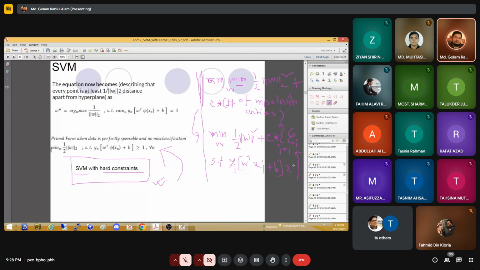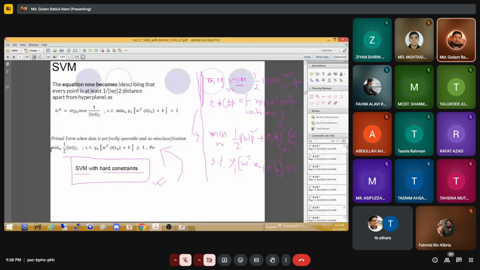Previously it was this greater than 1, but now after adding the slack values, what we have to do, we have to subtract the slack here.